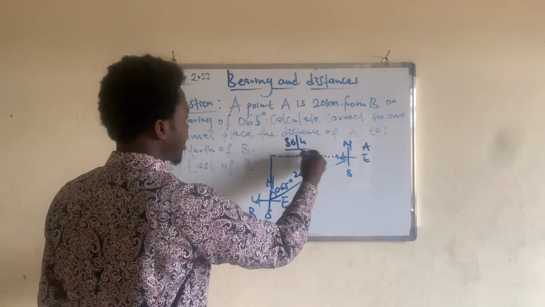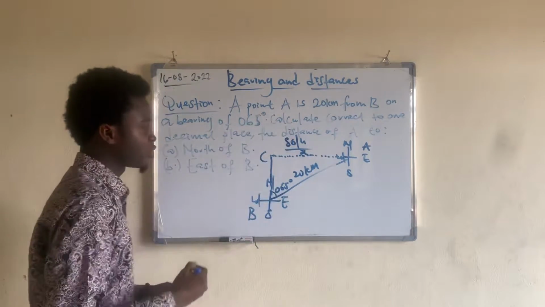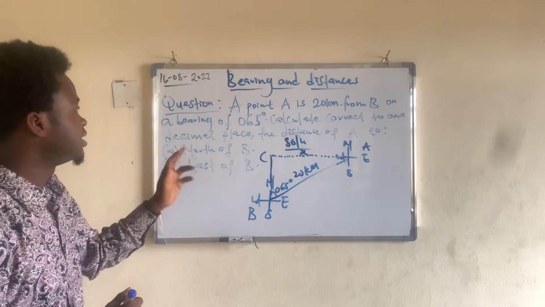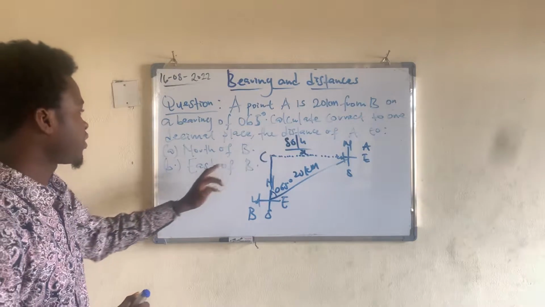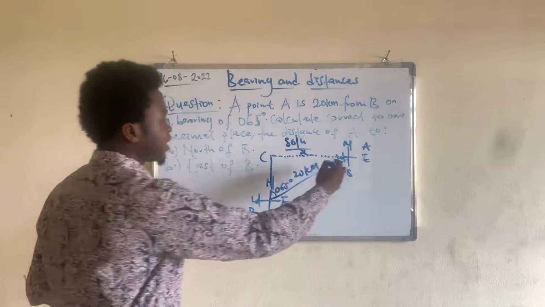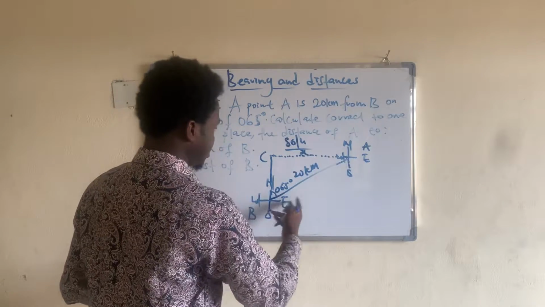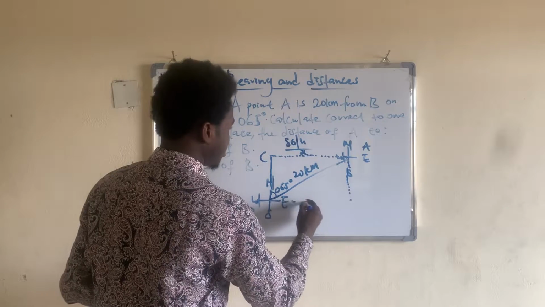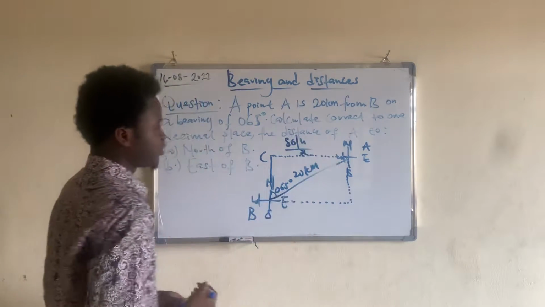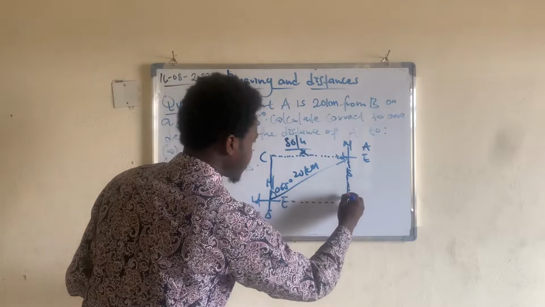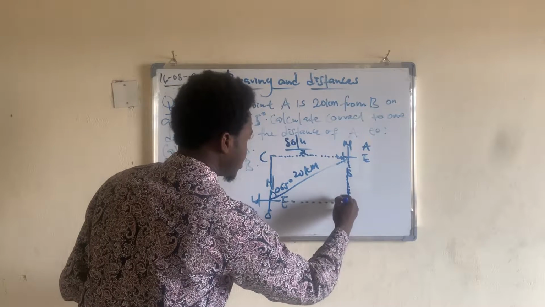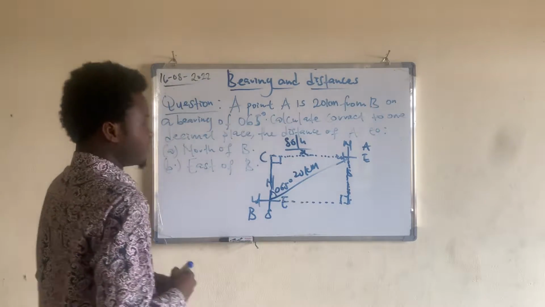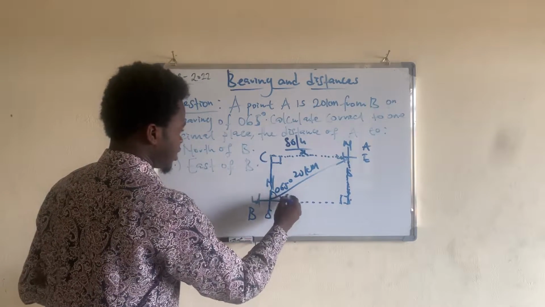Let me name this X. This point can be called C. Also, we are to find, to one decimal place, the distance of A east of B. Implies that I can also create the east of B, so I create a broken line this way and join it at this point here. If you look at this very well, it will create a right angle here, also a right angle here. Very good. Let's call this angle here theta.